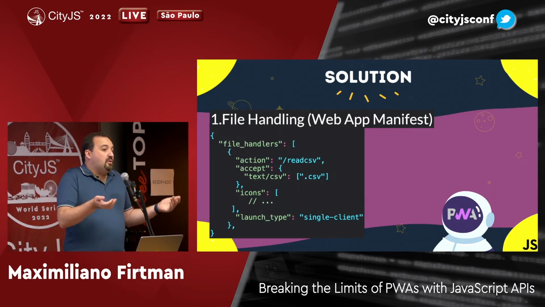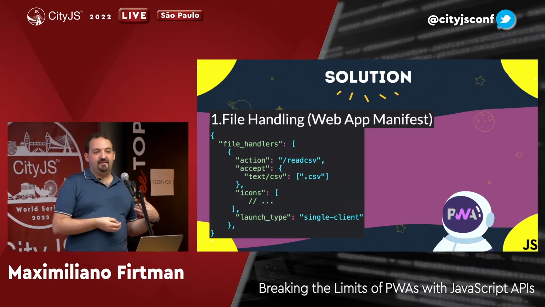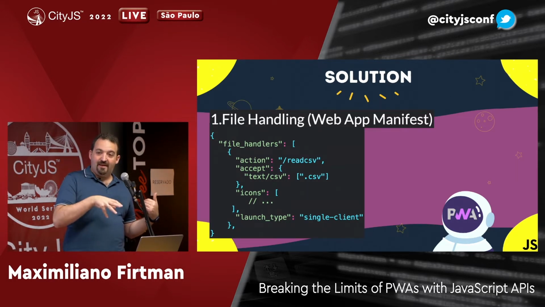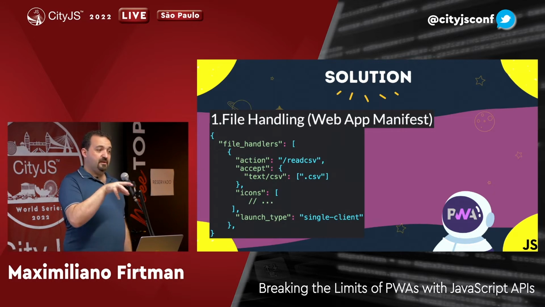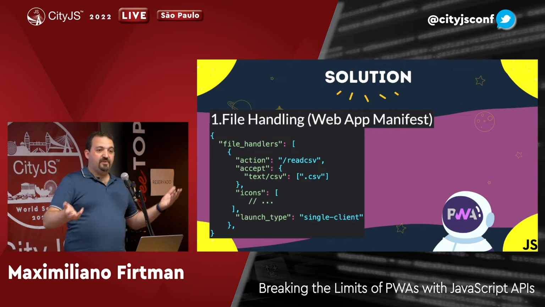Or it can be your own custom file type. It doesn't matter. When the user installs that PWA, the OS will register your app as a target for those files. Then when the user double-clicks on a file of that type, your PWA will appear as a possible target, as a native app would.